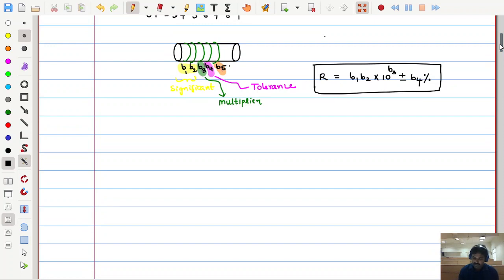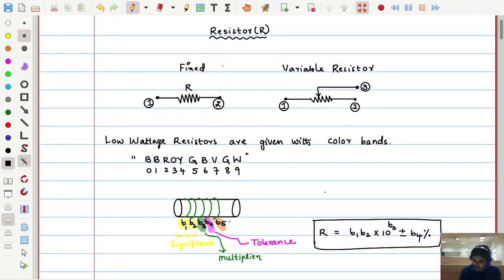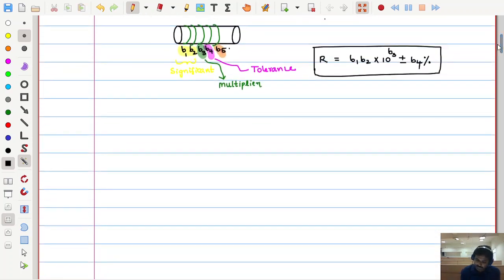Now let us move on to some additional information on resistance values. Usually we have seen these two classes, that resistors are of fixed and variable types. Let me take the variable resistor and see some important characteristics for circuit analysis.